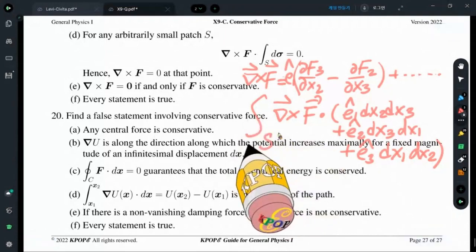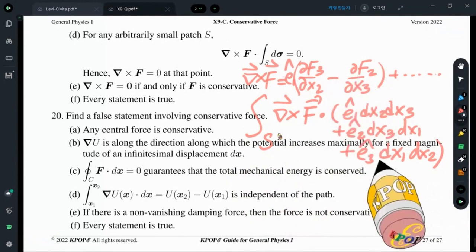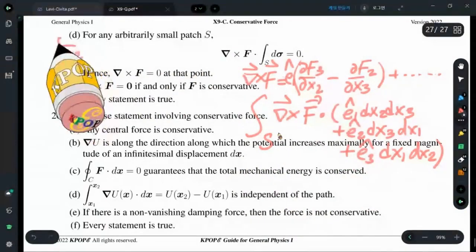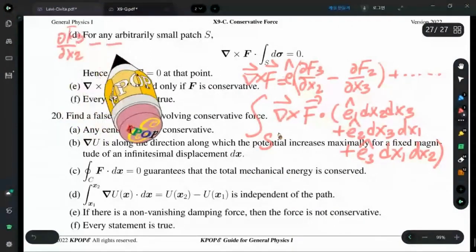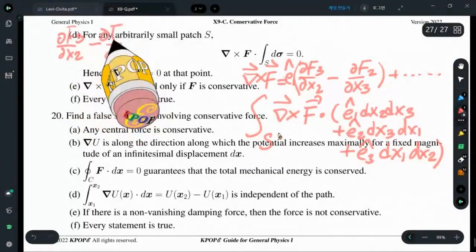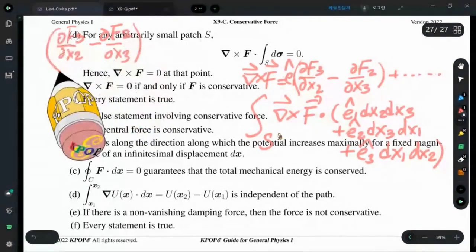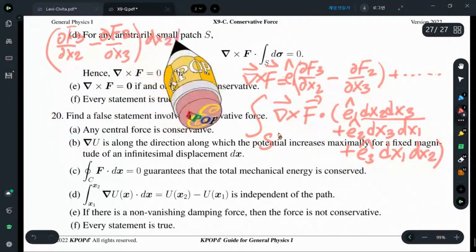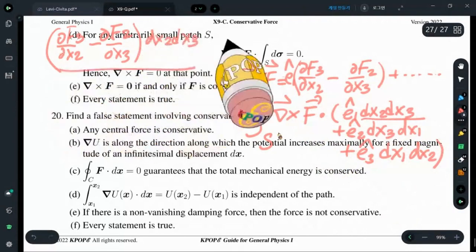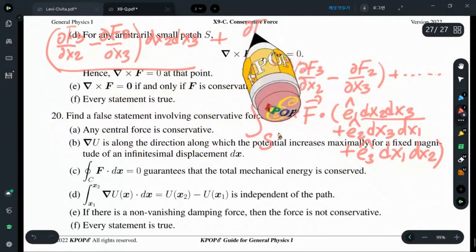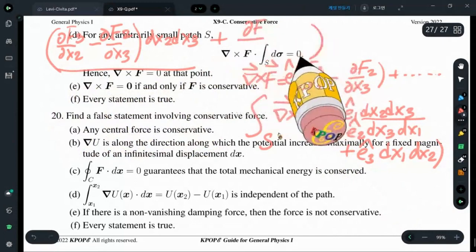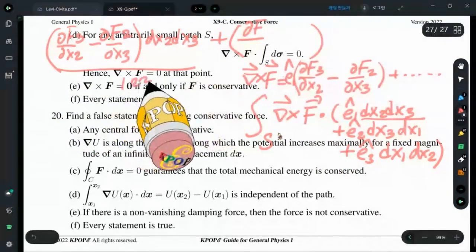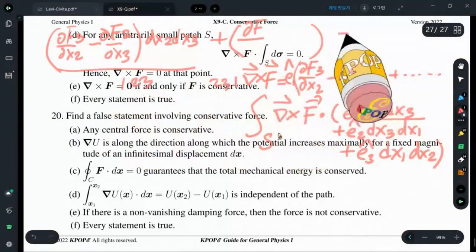What we find is x2 derivative of f3, and x3 derivative of f2, multiplied by the first component, dx2 dx3, and likewise for the other components, 1, 2, 3, 2, 3, 1, 3, 1, 2.